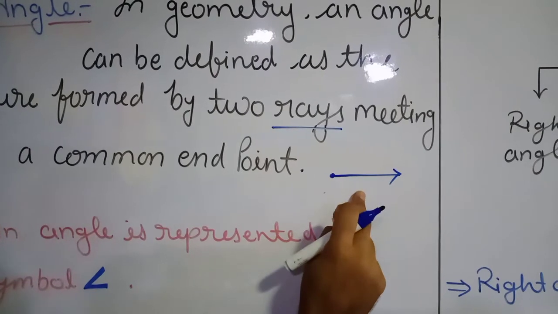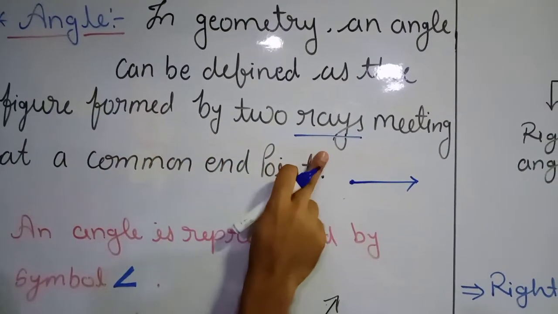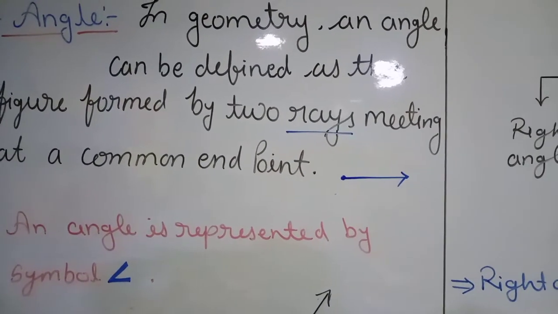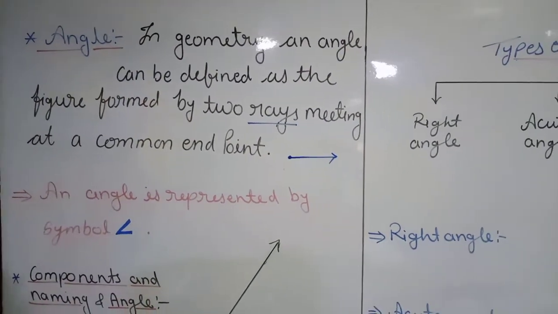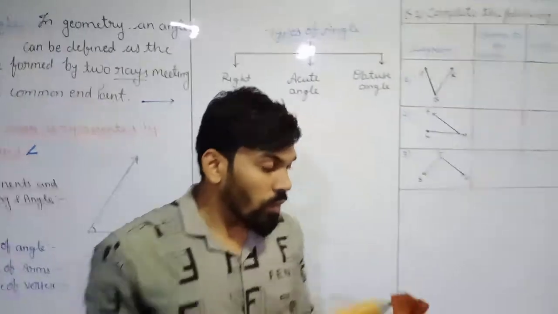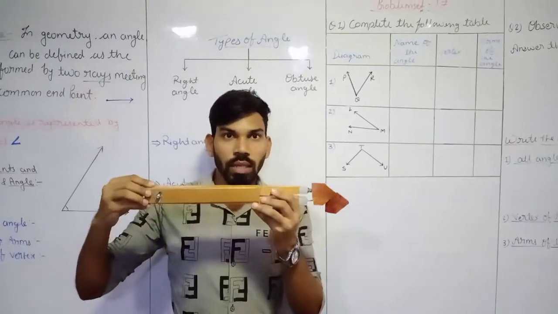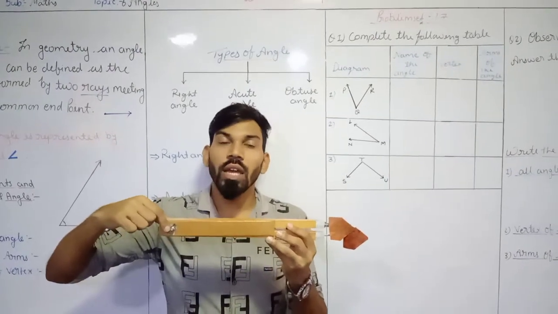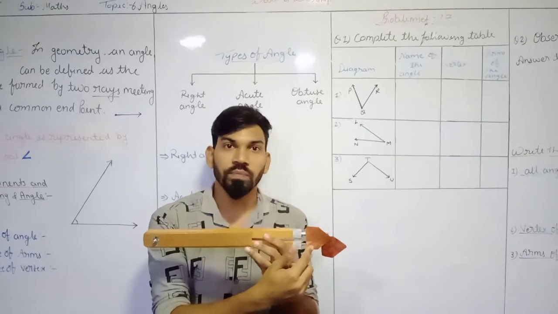So a figure formed by two rays meeting at a common endpoint means there are two rays, and these two rays are meeting at a common endpoint. Here is an example. You can see this is a ray.